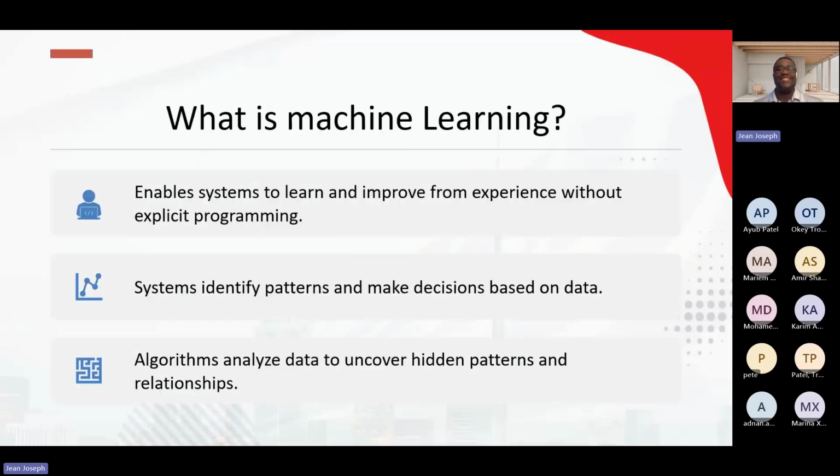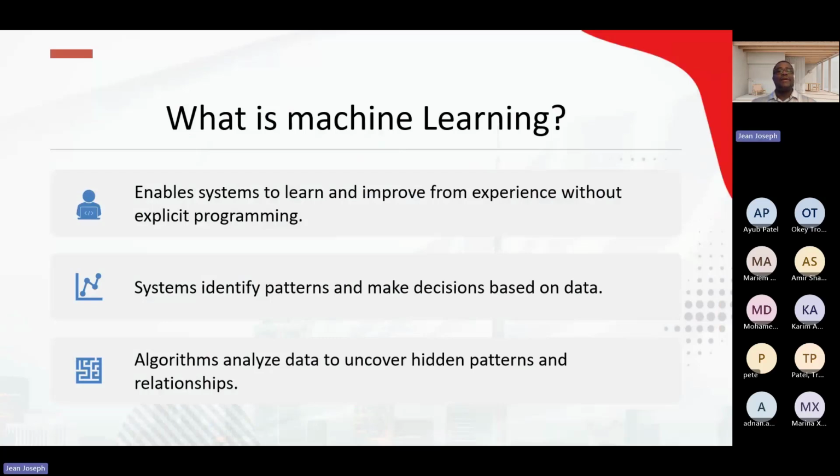What exactly is machine learning, Tim? I'm glad you asked that question, right? Machine learning revolutionized AI by moving beyond rigid rule-based systems.